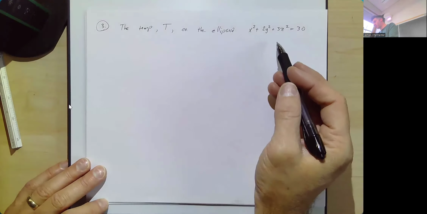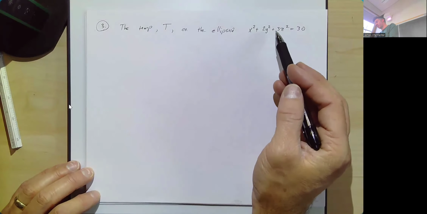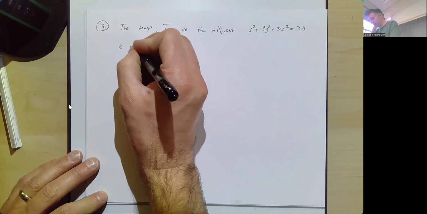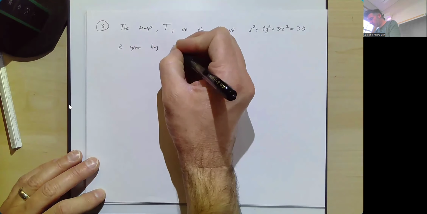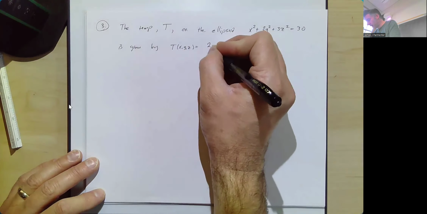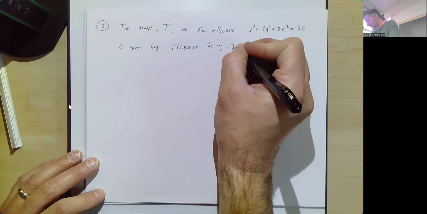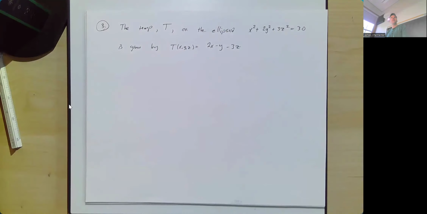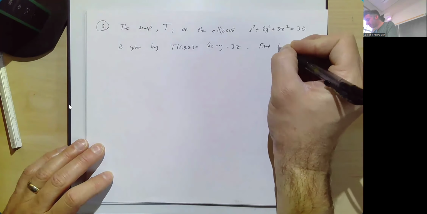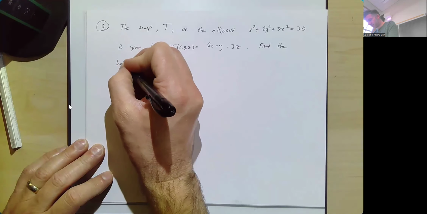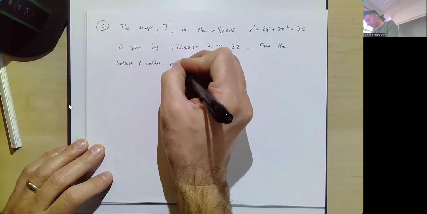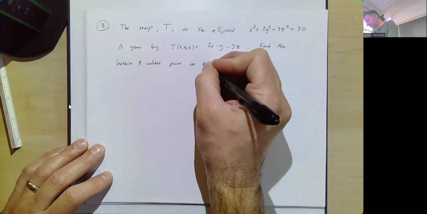So the temperature on the ellipsoid given by x squared plus 2y squared plus 3z squared equals 30 is given by the equation temperature at x, y, z equals 2x minus y minus 3z. Find the hottest and coldest point on the ellipsoid.